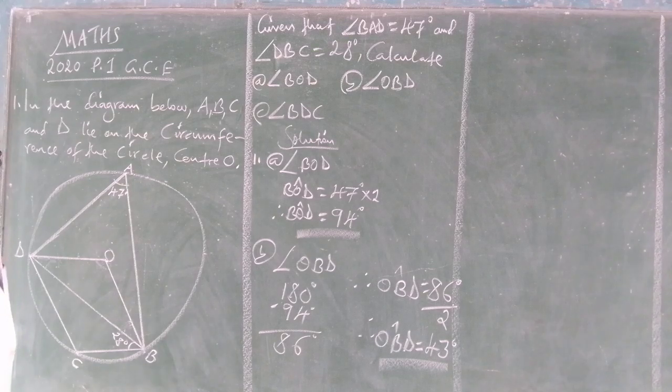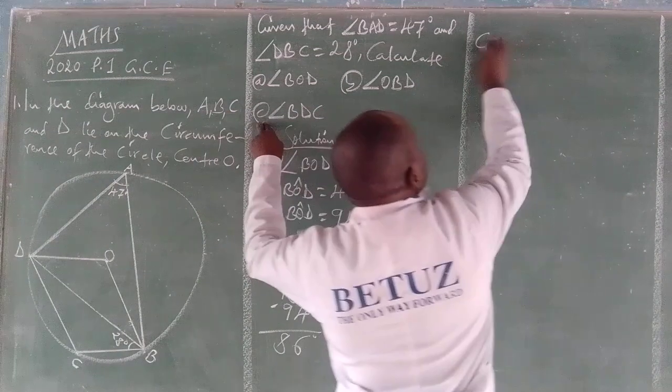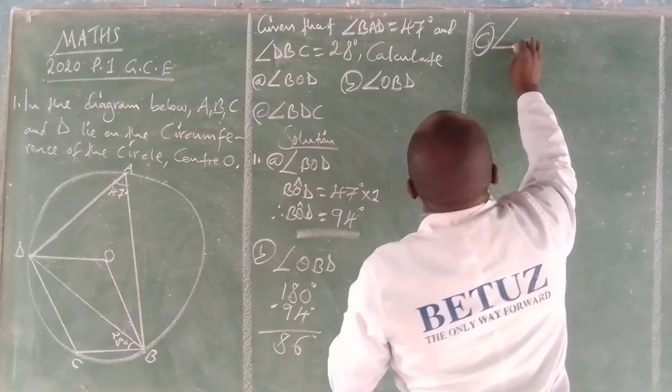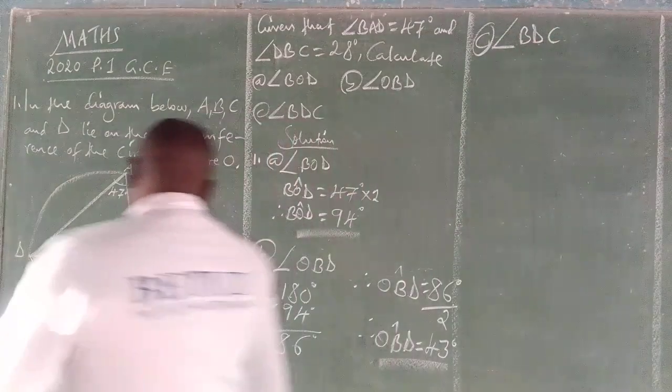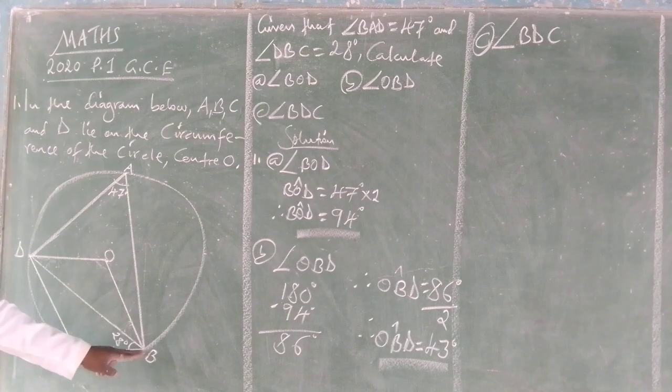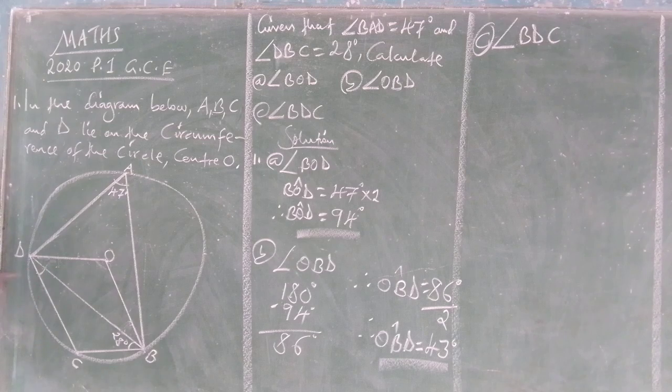Then, going to question C, which is asking us to find the size of angle BDC. So in this case, we are saying BDC. That is the angle down here, this angle here. So to find this angle here, because we are given 28, therefore, we are going to look at the triangle that we have here.